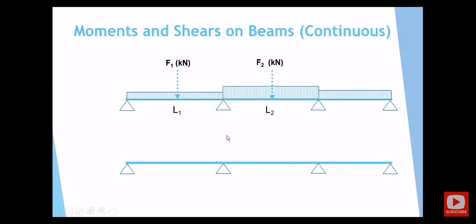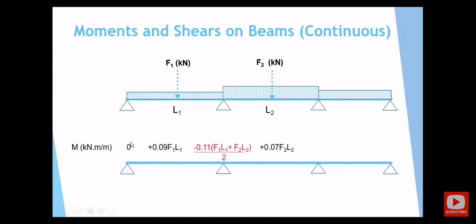If you have a span L1, span L2, span L3, or whatever, you first have to get the resultant of the load as F capital 1 for the first span, F capital 2 in the second span, and then you will be able to apply Table 3.5.